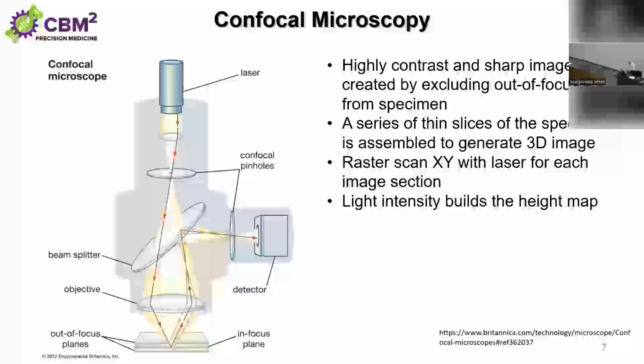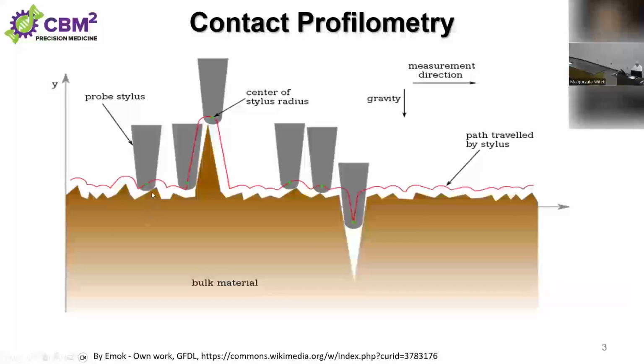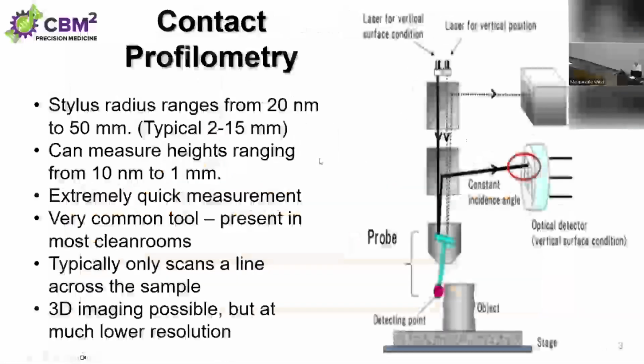Just like we saw for the contact profilometer, the lateral resolution in the XY plane is determined by how small the tip of this profilometer is, as well as the step resolution, because this has to scan over this surface. The Z resolution is primarily determined by how small a measurement or displacement you can measure on that stylus.